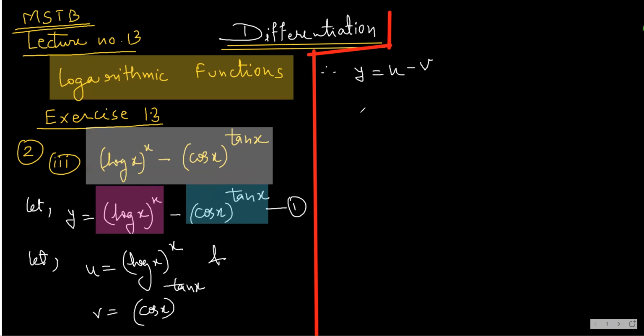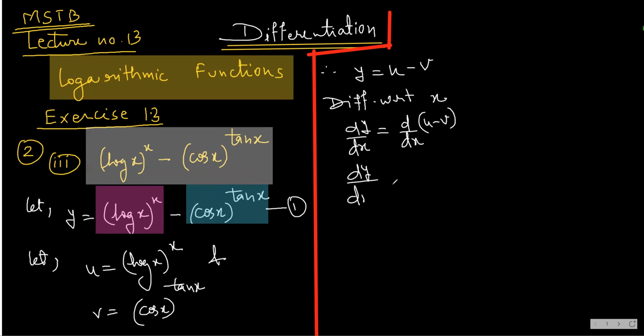If I differentiate this with respect to x, I will get d by dx of y as d by dx of u minus v. So dy by dx equals du by dx minus dv by dx. And this is my equation number 2.